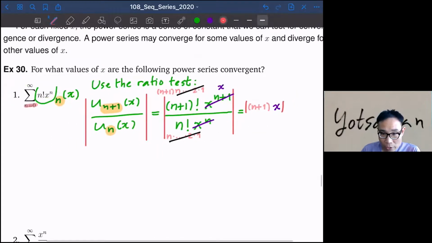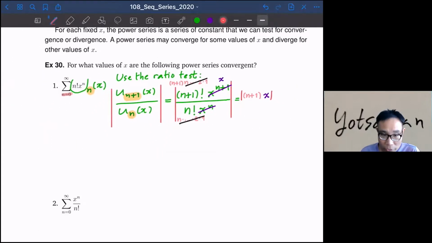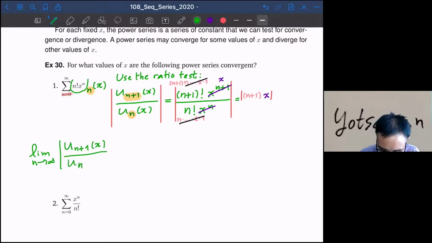Okay, so this will be this term, and you just compute the limit as n goes to infinity of the absolute value of un plus 1 of x over un of x.